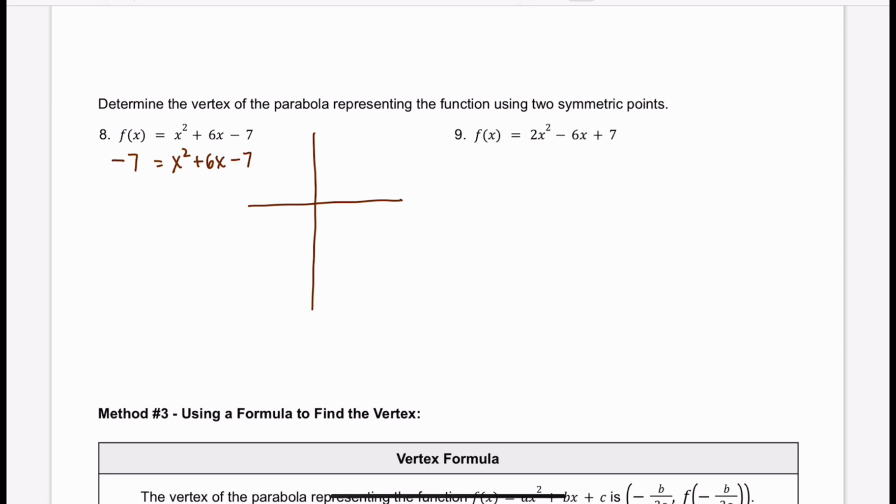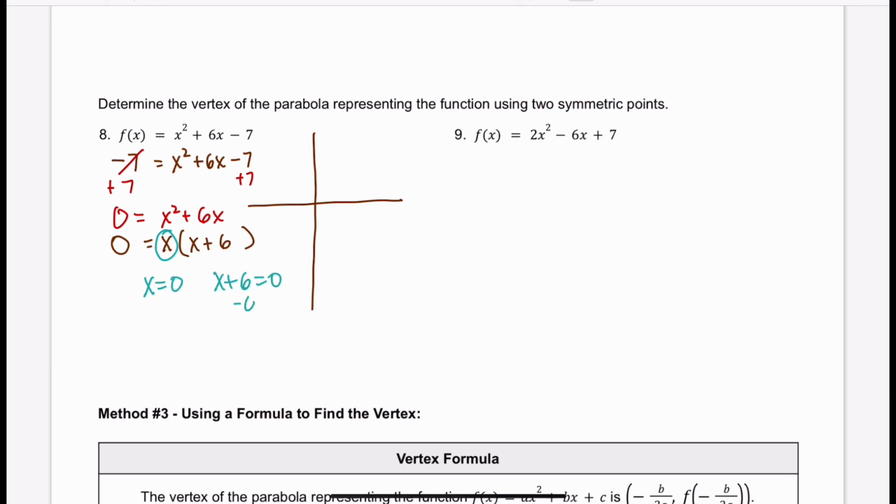I'm going to add 7 to both sides, and when I do that, these ones cancel out. So 0 equals x squared plus 6x. I'm going to pull out an x from both of these pieces, and I have x times x plus 6. And so then we're going to have where x is 0 and x plus 6 equals 0.